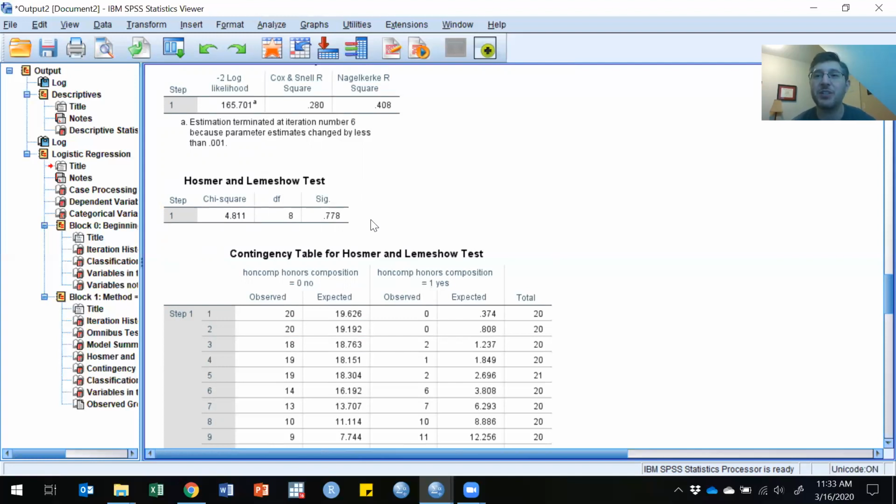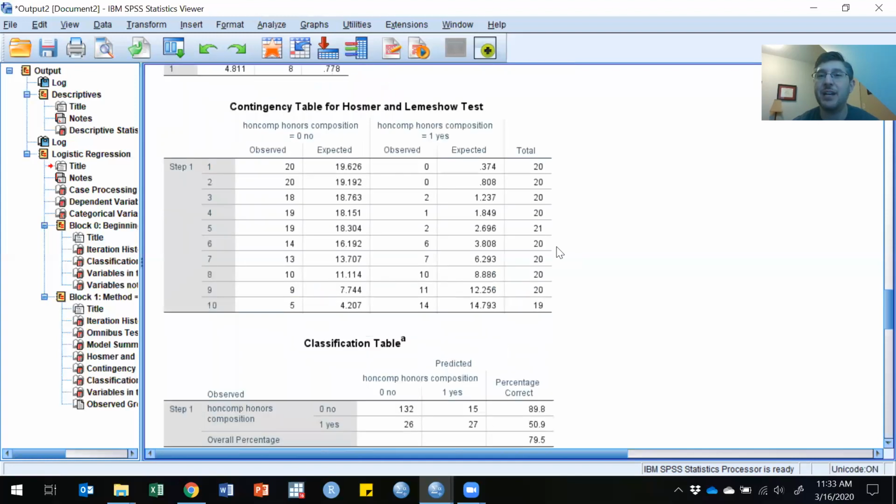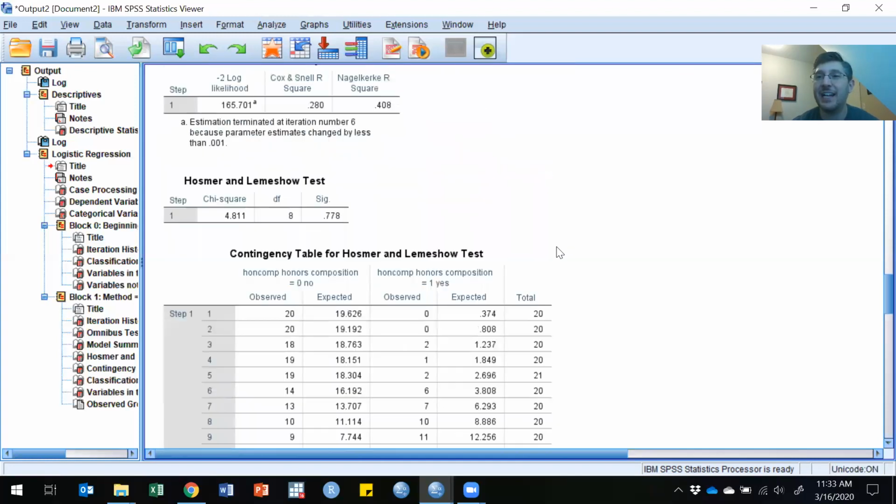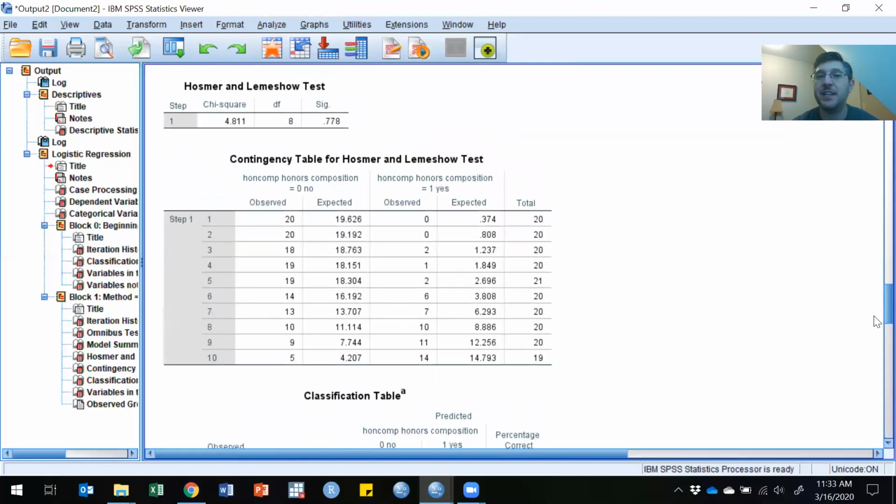Sometimes, especially with a large sample size, you'll see this test be statistically significant. I wouldn't just completely throw away my model in that case. I would look at this contingency table down here and try to diagnose that area of misfit.